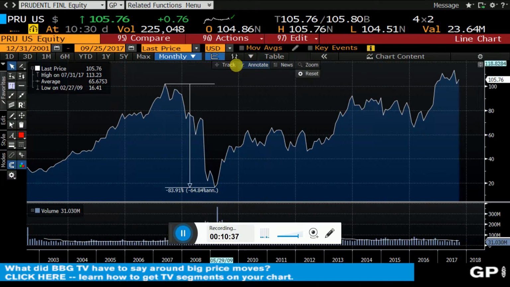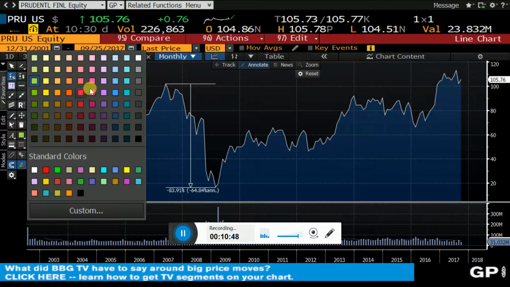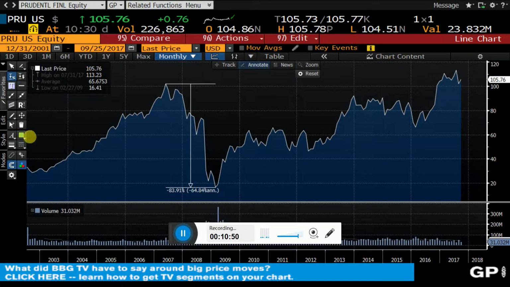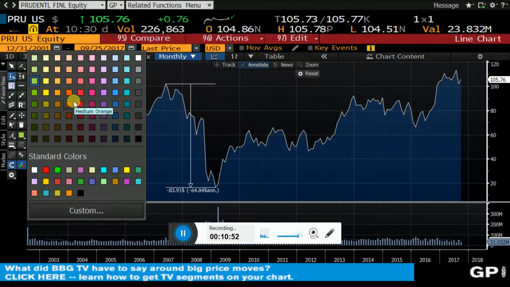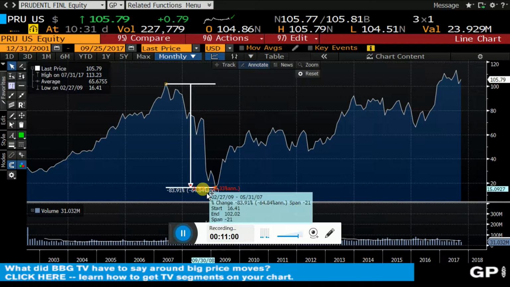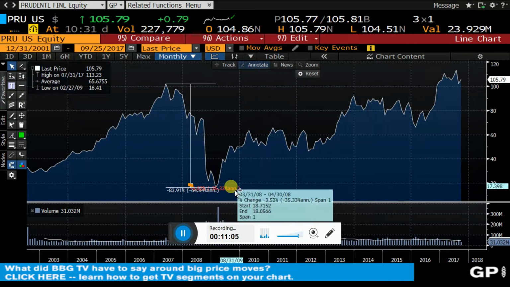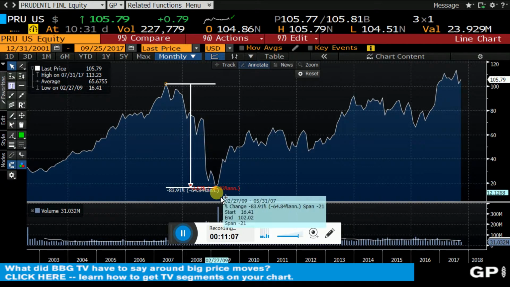We can also change the color. We can try red, because whenever we see a dip in stocks, we would usually use a red marker for this. So this would give you a rough idea that this is not a good sign.